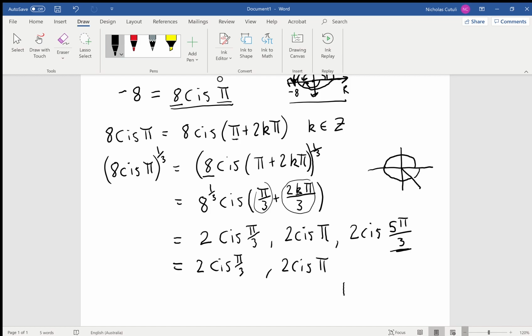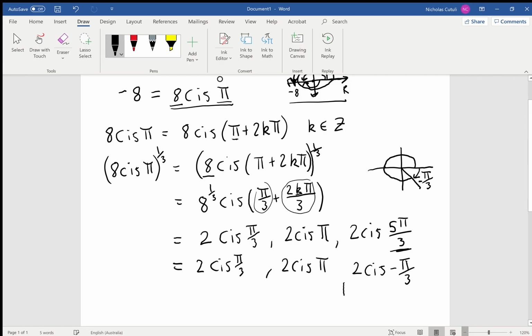So the angle between the nearest x-axis and that line there is actually pi on 3. And because I'm rotating in a clockwise direction, it's like negative pi on 3. So I can write this 2 cis 5 pi on 3 as being 2 cis negative pi on 3.